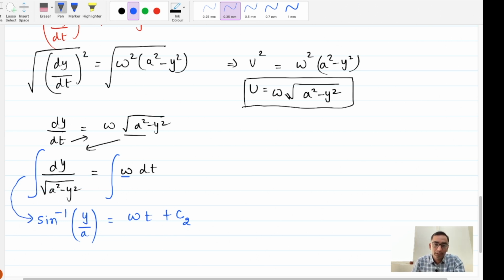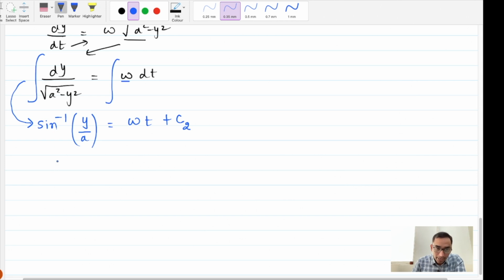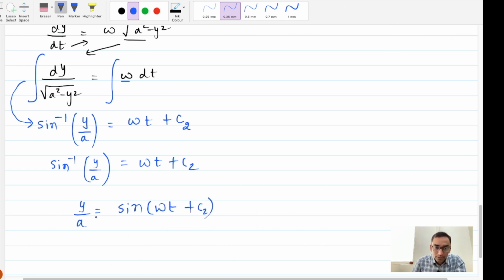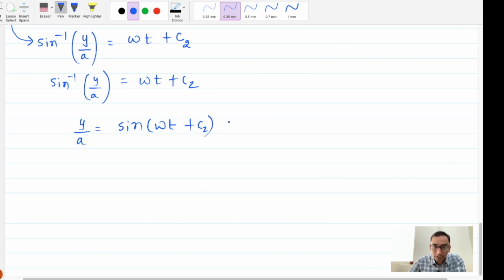Now, I have sine inverse of y by a is equal to omega t plus c2. Now, sine inverse goes on the other side. So, y by a becomes sine of omega t plus c2, which gives me the equation y is equal to a sine(omega t plus c2).